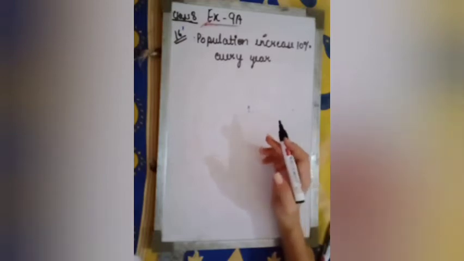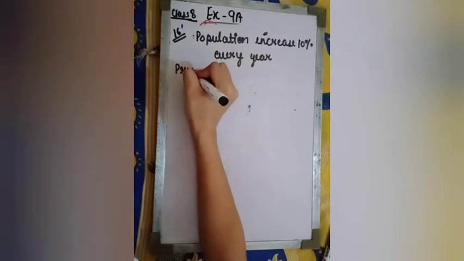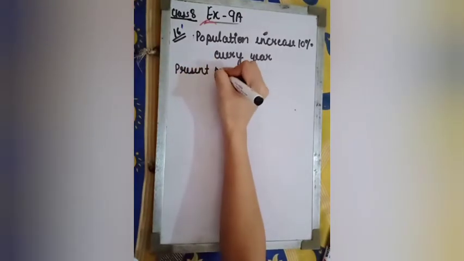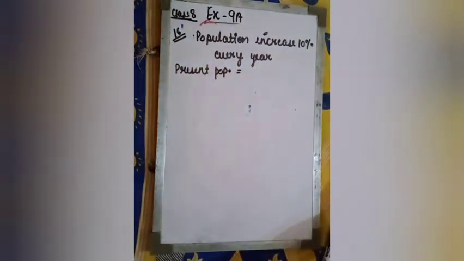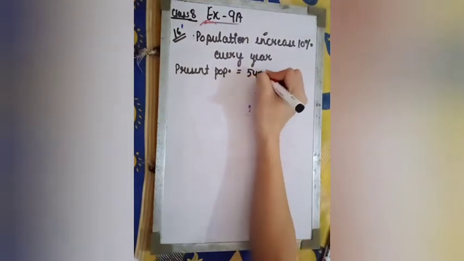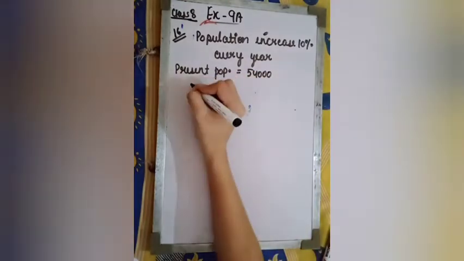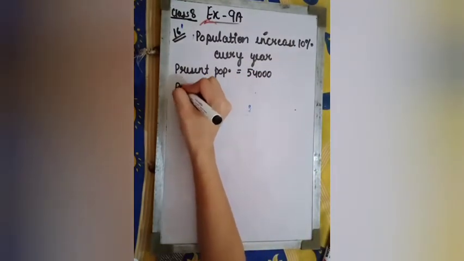Okay, so every year the population increases by 10%. The present population is given. The present population it is 54,000, right? So we have to find the population a year ago.